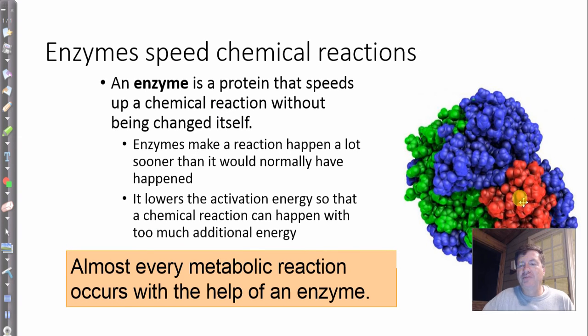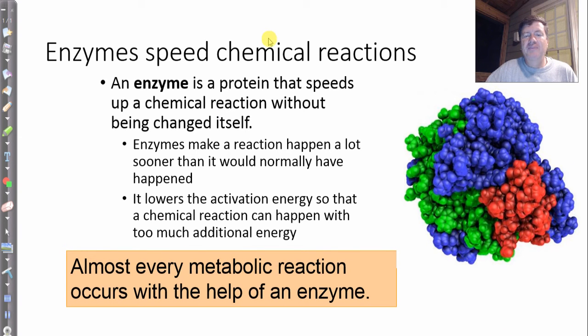So what enzymes do is they help speed chemical reactions, because they can make a reaction happen and yet they themselves are not changed. So you see here, they make reactions happen a lot sooner, or at a lot lower temperature, or with less energy than would have normally happened on their own.